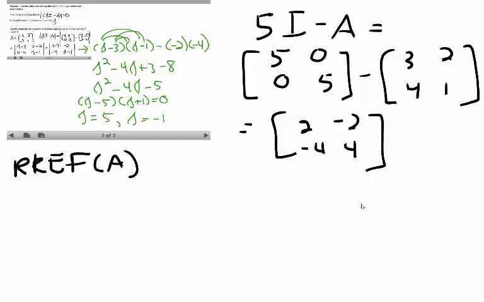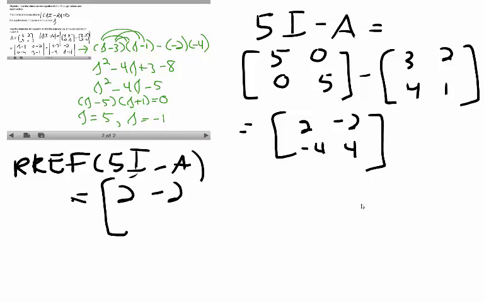So we're taking the reduced row echelon form of 5 times I minus A. And that gives us entries 2, negative 2, negative 4, and 4 in our 2 by 2 matrix. This is the coefficient matrix.